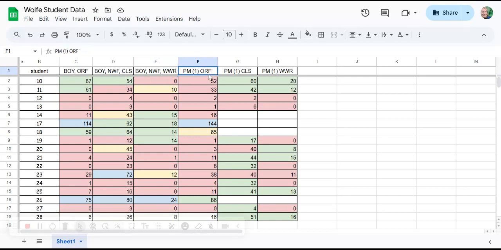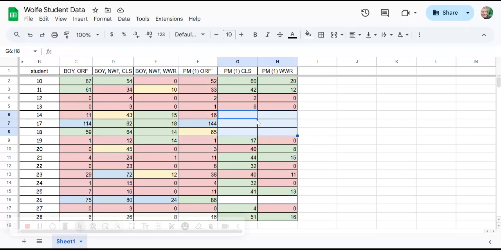Once we get into progress monitoring, my students are progress monitored on correct letter sounds. If you see blanks, like these few students here, they do not have to be progress monitored on nonsense word fluency because they've already reached where they should be for their reading in ORF, or they've reached benchmark in nonsense word fluency.